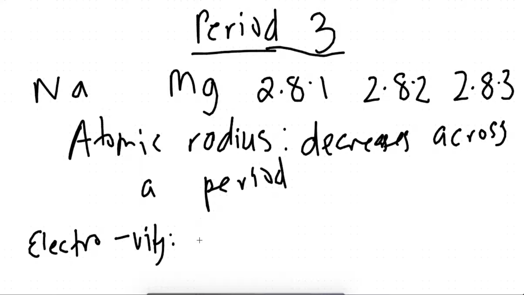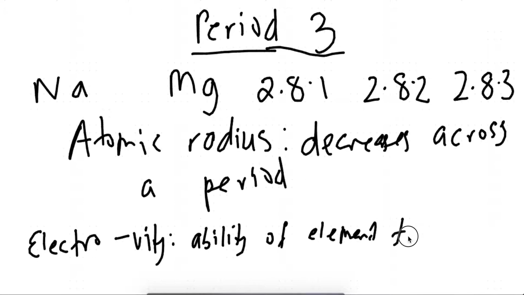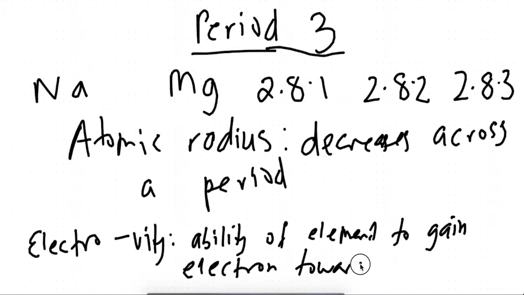Let me write this down: ability of an element to gain an electron towards the nucleus, because remember guys, the nucleus is the one that pulls the electron closer.